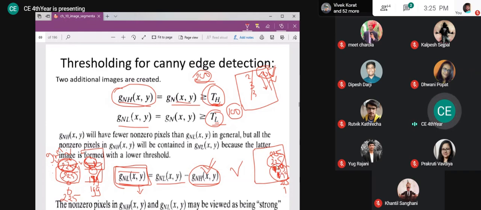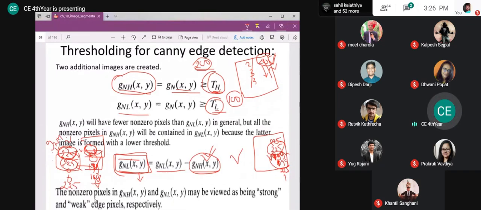If it is connected, that means it is part of your true edge. In that case, you can mark all such pixels which are in 8 connectivity of the non-zero values of GNH, and you can combine GNL and GNH, so that your finally detected edge will be 225, 225, 119, 119, and 225.